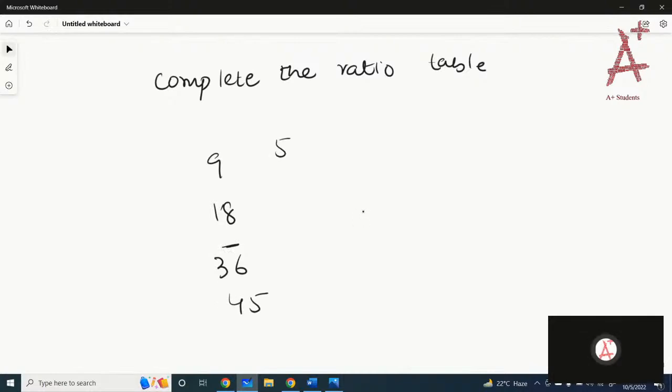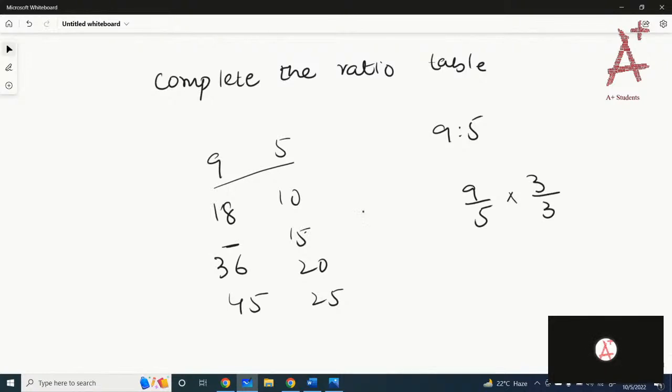And it would be 5, 10, 15, 20, and 25. Start with the ratio, the first one, 9 ratio 5. Write it as a fraction and just multiply the numerator and denominator by the same number to find an equivalent. So 1, 2, 3. You have to find the third ratio. Just multiply them by 3. 3 times 9 is 27 and 3 times 5 is 15. You are given 15. That means the missing number is 27.